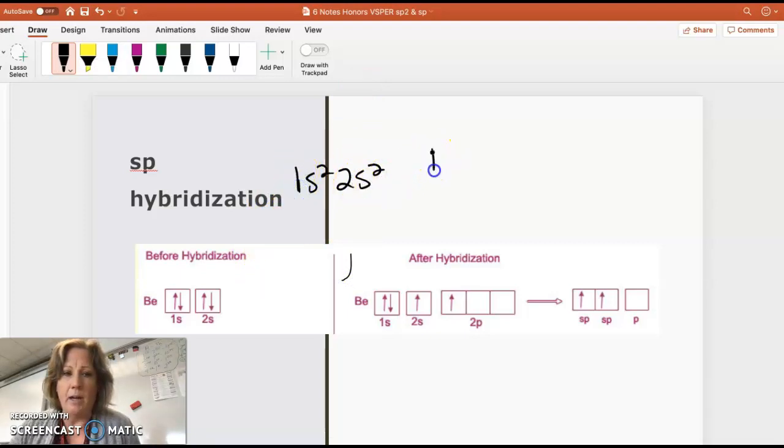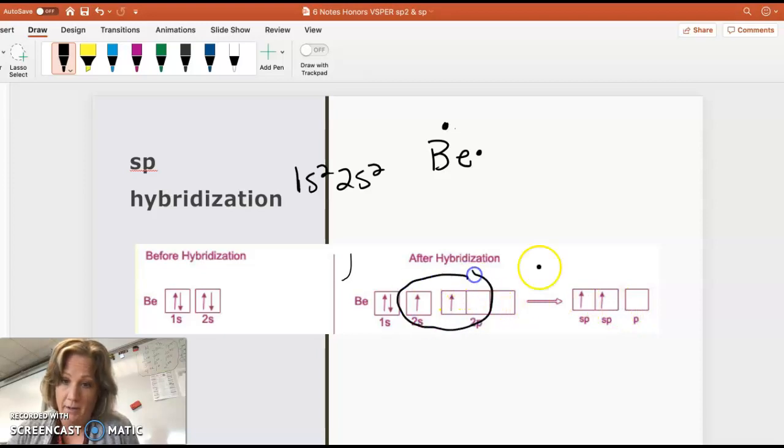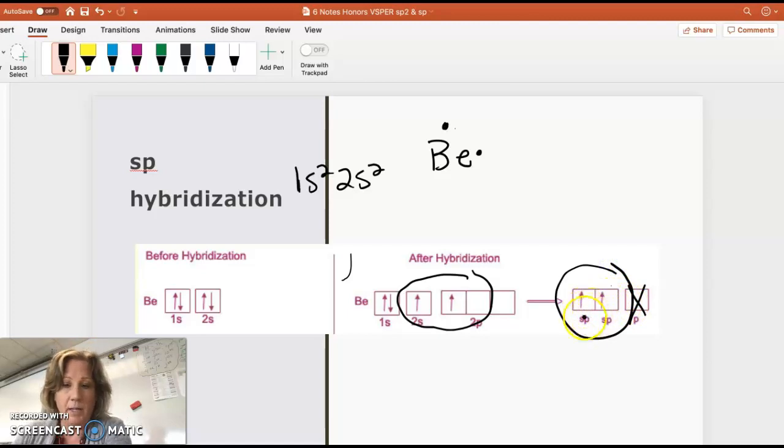So if we were to draw beryllium, that's why I make you go to 12 o'clock and then 3 o'clock, so you can see that it would then have 2 areas where it could bond. So what happens is one of the 2s electrons goes out into a p orbital, and then these morph together and become what we call sp, equal energy orbitals that are in between the energy of the 2s and the 2p.